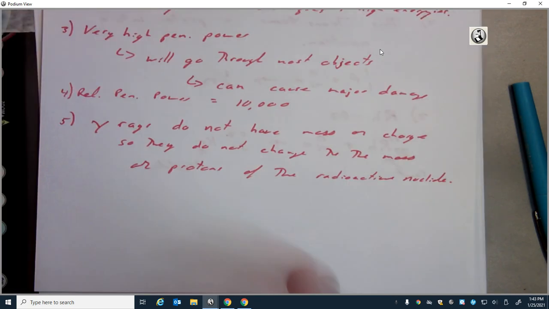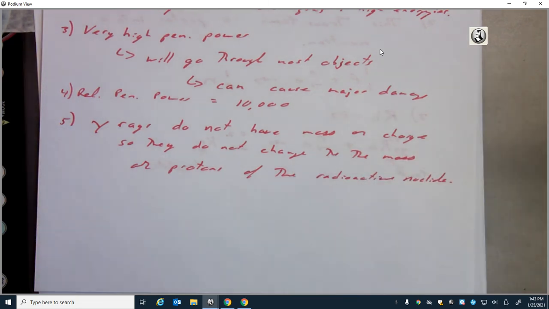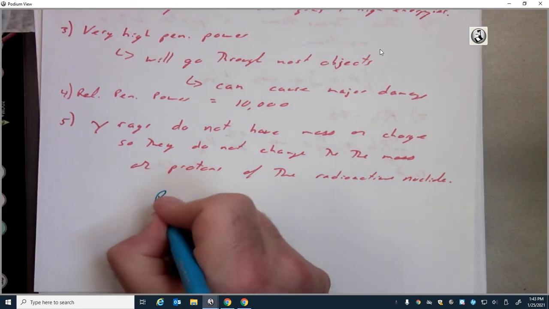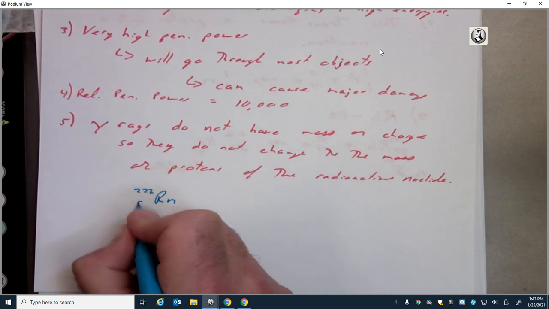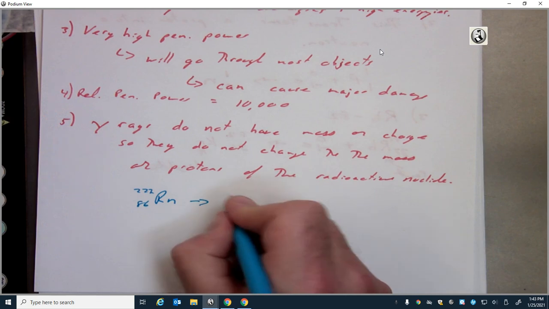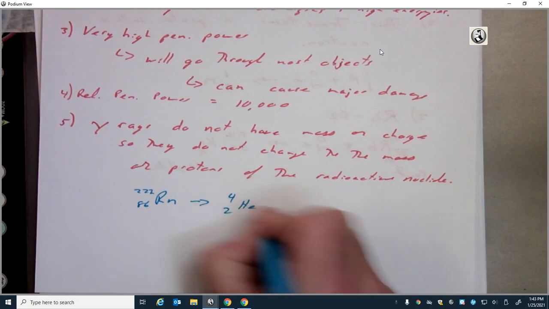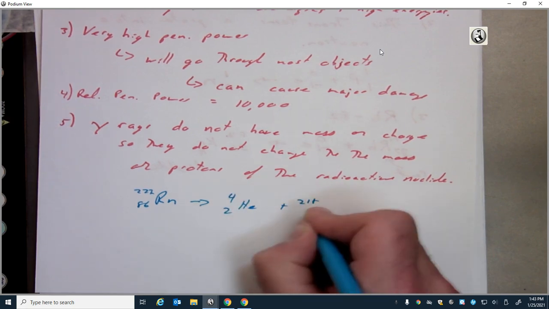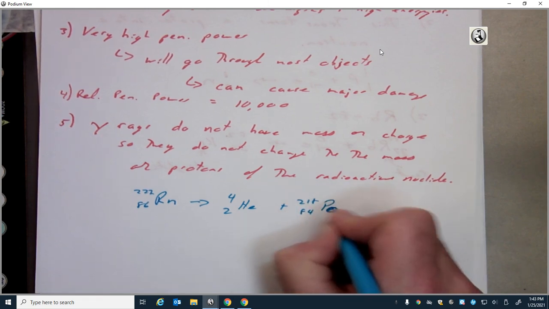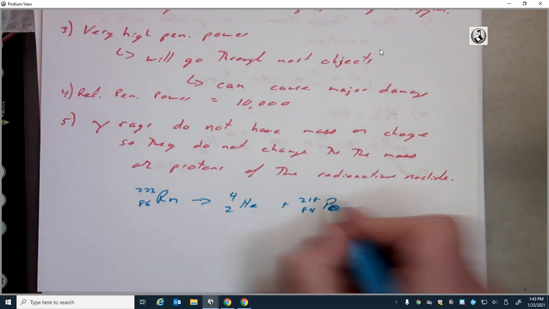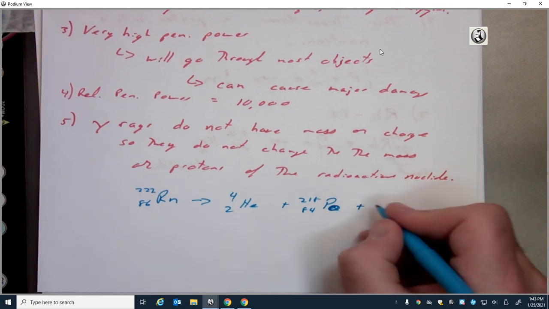What'll happen in those decay modes that we just went through? For example, radon-222 goes through alpha decay. So we already wrote this. This is an alpha decay, but it will also give off gamma rays.